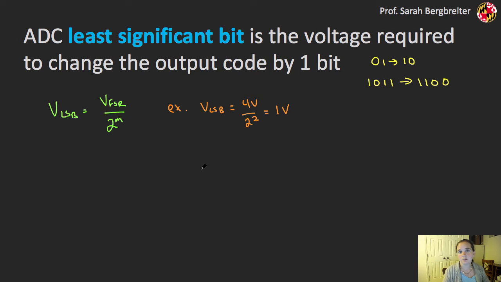Now, if I had something more impressive like that 12-bit ADC, I'm looking at a least significant bit voltage of approximately a millivolt. And so that means that if I increase the voltage at the input to my ADC, say a voltage from a sensor, for example, if that goes up by a millivolt, my code at the output of the ADC will go up by 1 bit.